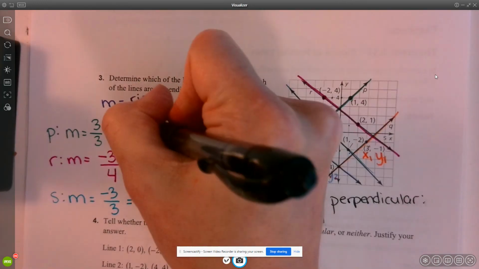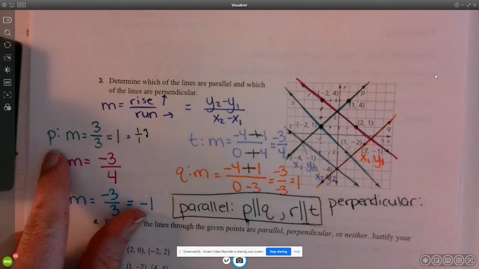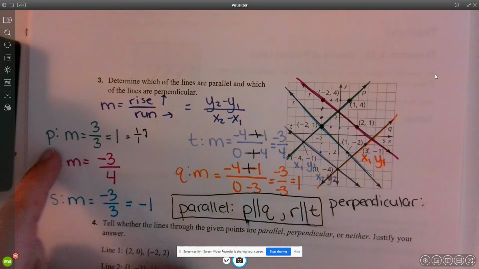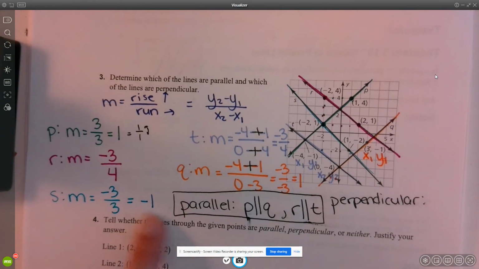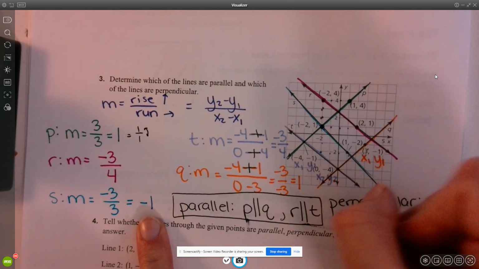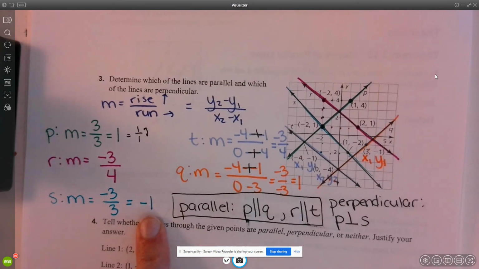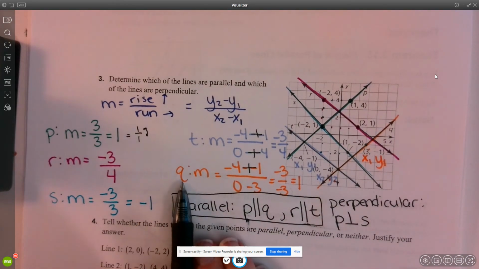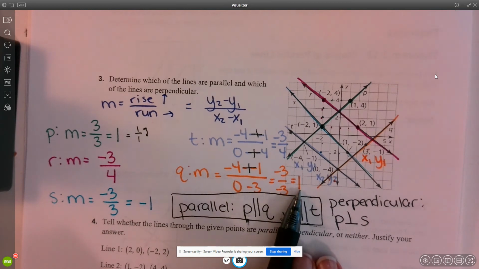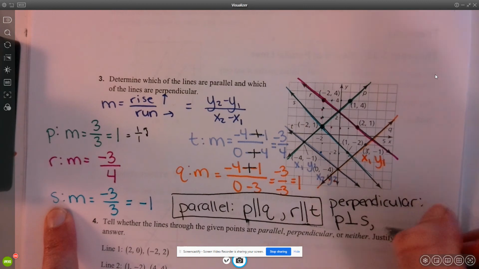So if I flip this around, that would get me 1/1 still. So a line that is perpendicular to line P would have a slope of negative 1. The line that has a slope of negative 1 is line S. So this tells me P is perpendicular to S. Notice that line Q also has a slope of 1, so that would make Q and S perpendicular as well.